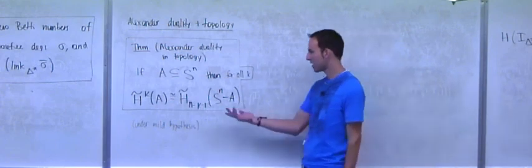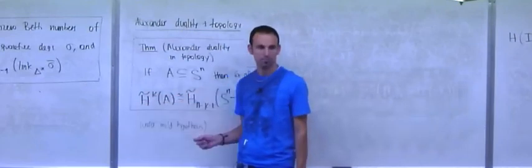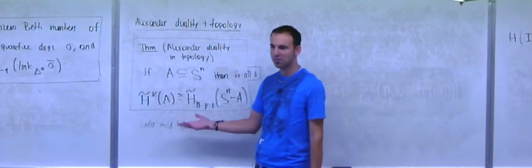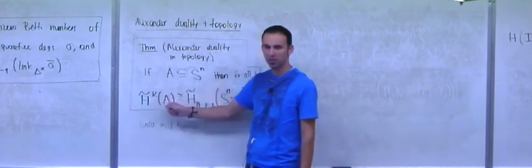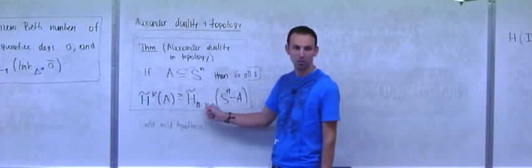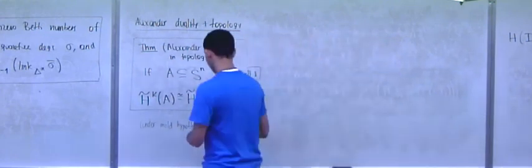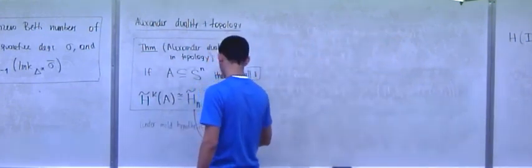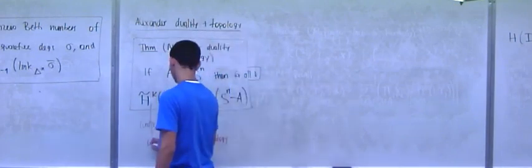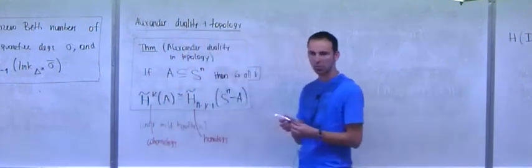The thing is that this is homology, and this is cohomology. So once I explain to you what cohomology means, then what this says is the kth cohomology of A is the (n minus k minus 1)th homology of the complement. This is homology, and this is something called cohomology, which is very similar, as you can imagine, because the name is so similar.